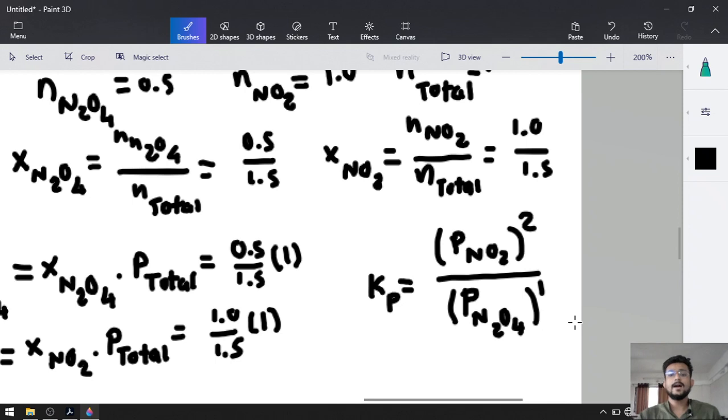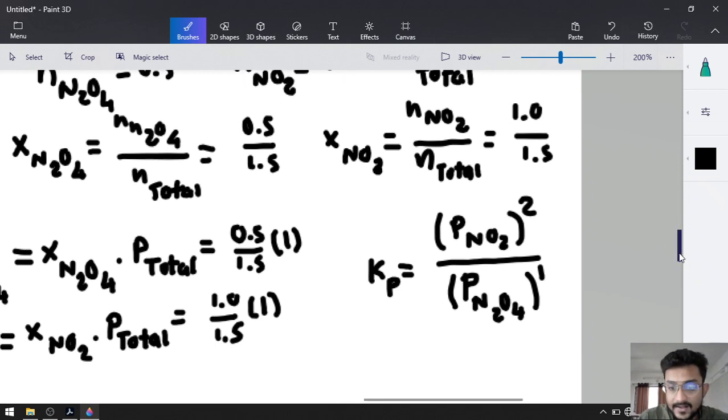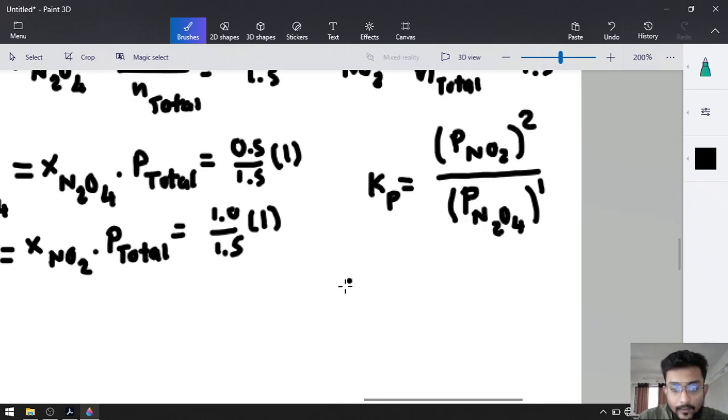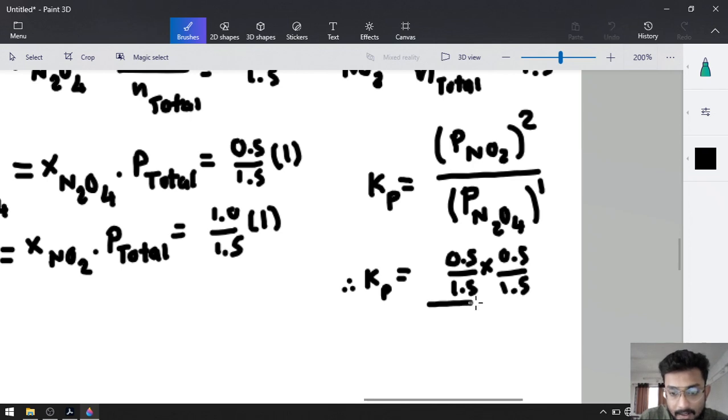Now put down the values that we have discovered right now. Therefore, Kp will be equal to 0.5 divided by 1.5 squared. For square I am going to write it 2 times. Divided by pressure of N2O4.